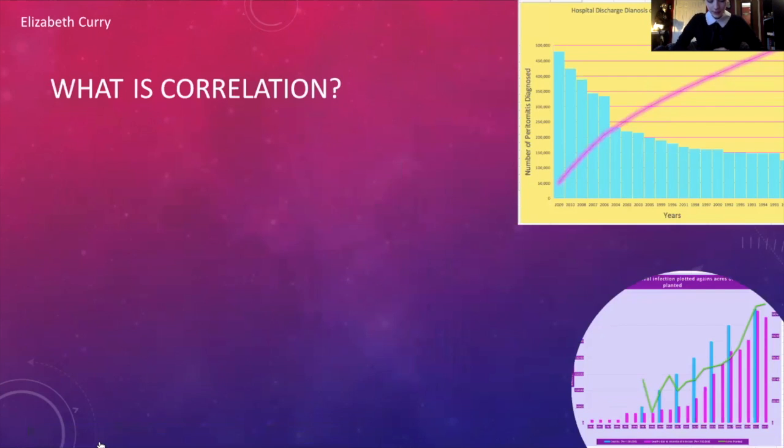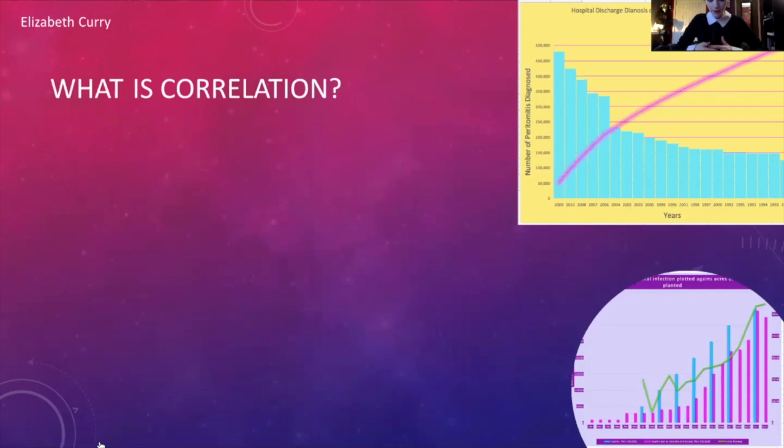Correlation is when two sets of data are strongly linked together. If you notice on the top, you will see the hospital discharge diagnosis versus genetically modified corn. Correlation is the variables that fluctuate.